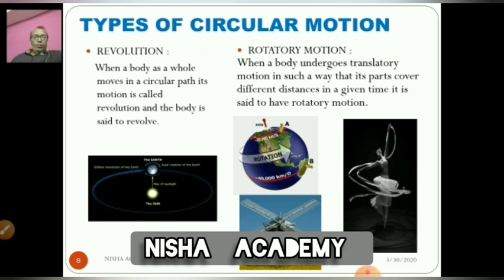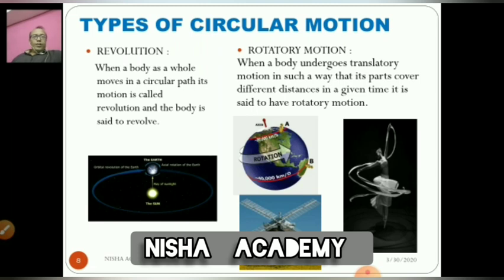So, the whole earth as a whole is taking a round around the sun. We can define revolution as: when a body as a whole moves in a circular path, its motion is called a revolution and the body is said to be revolving.